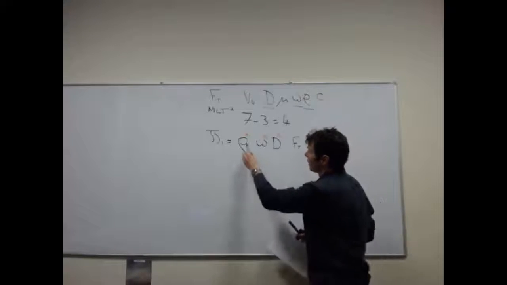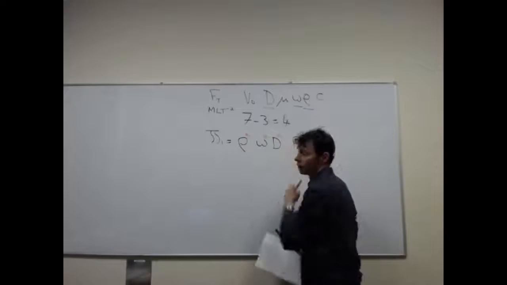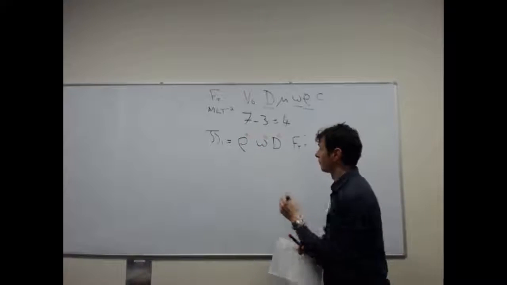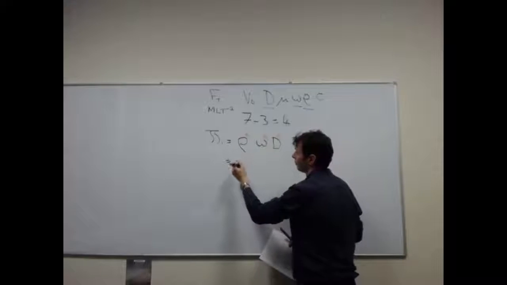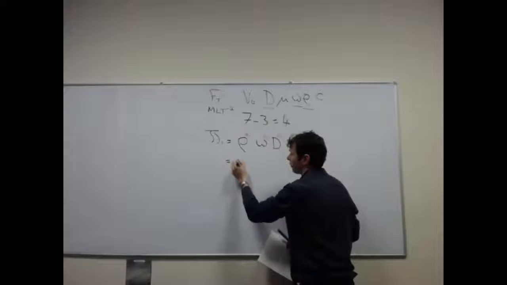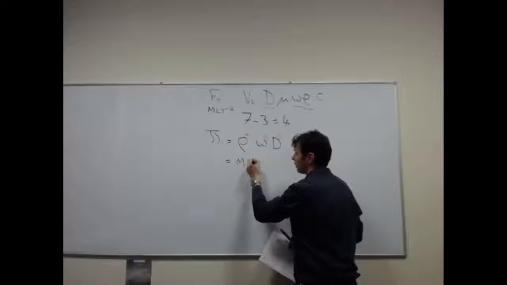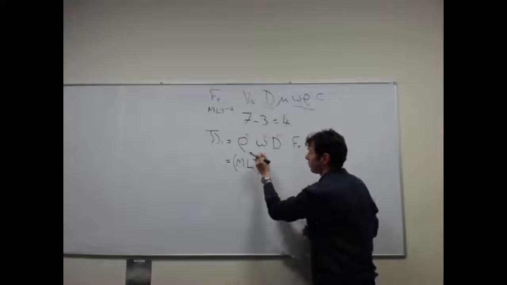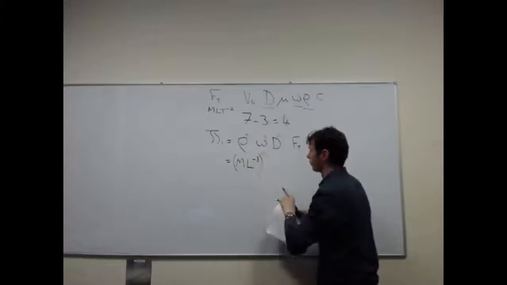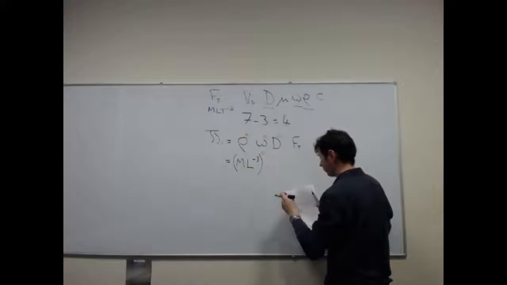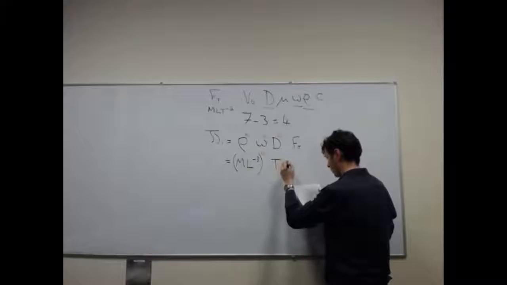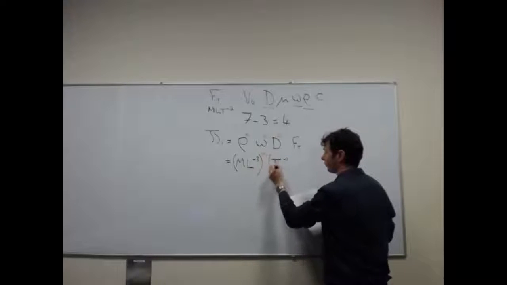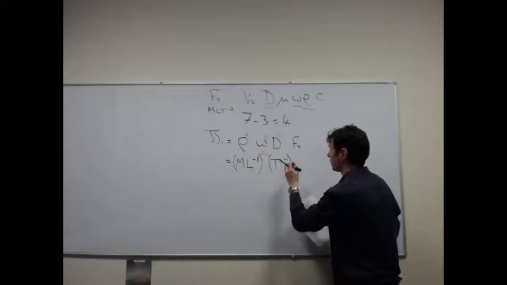Now we're going to write out the fundamental dimensions of each of these. So expanding it out, we have density, mass, length to the minus 3, and then that's raised to the power of A1. Omega is time to the minus 1, raised to the power of B1.